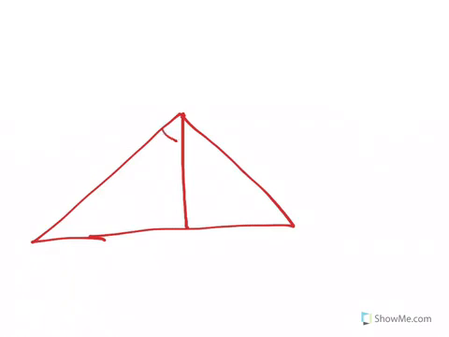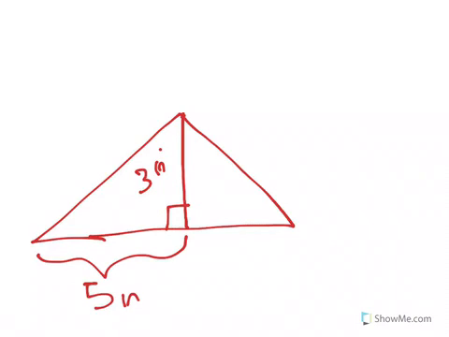So we're going to go in from the vertex where the two meet all the way down to the base. This is now a 90-degree angle. We're going to say that this is 3 inches tall. We're going to say that from here to here we have 5 inches. And we're going to say from here to here we have 1.5 inches.